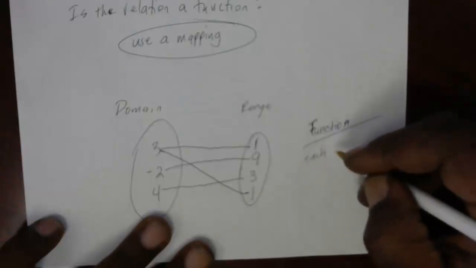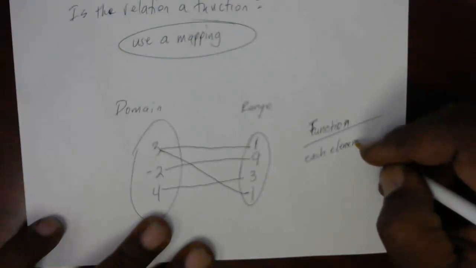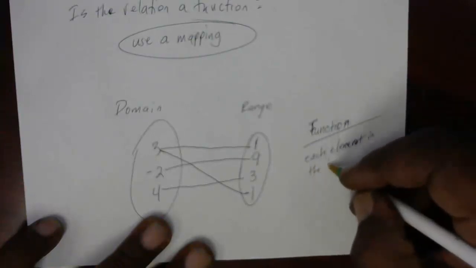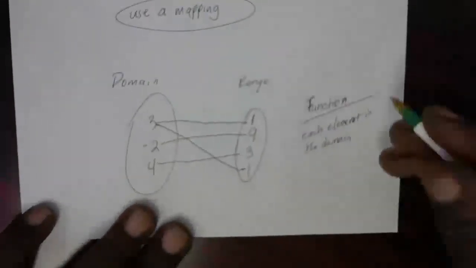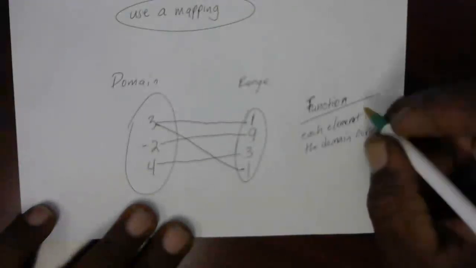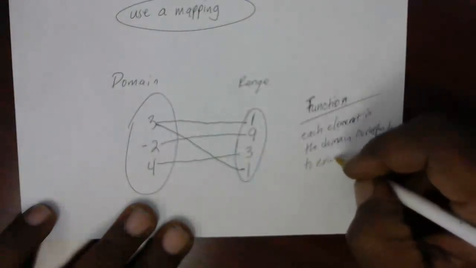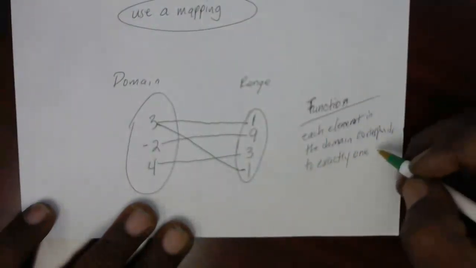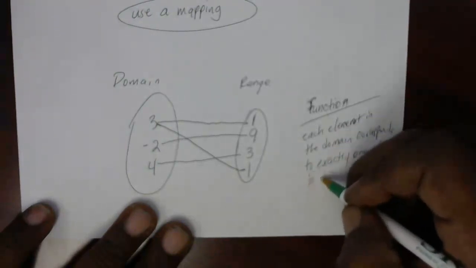Each element in the domain, which is X, corresponds or maps to exactly one element in the range.